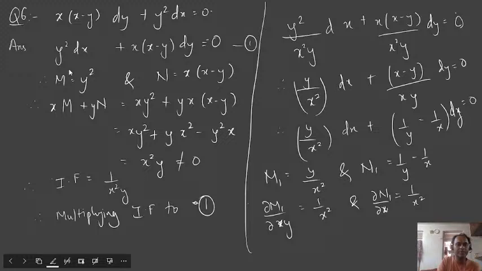So you have it exact. Dou M1 by dou y equals dou N1 by dou x. You have it exact now, and now what you can do is write the solution for that.